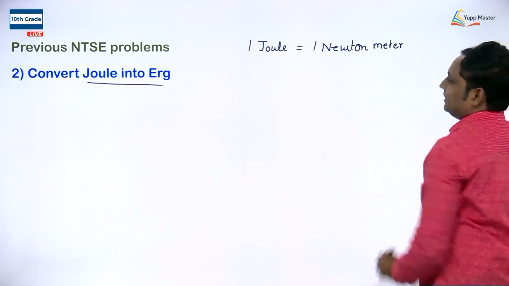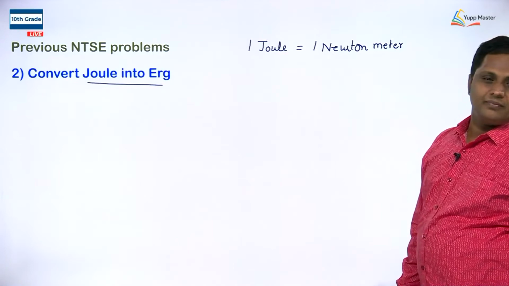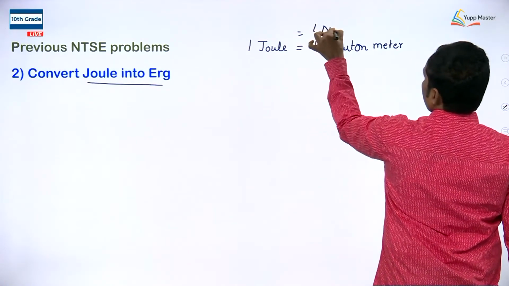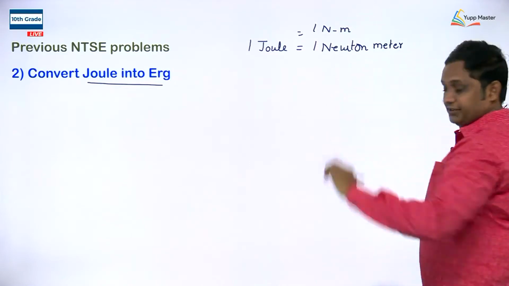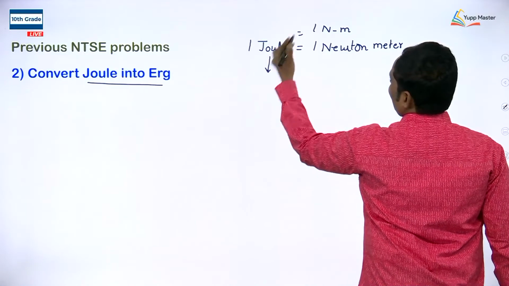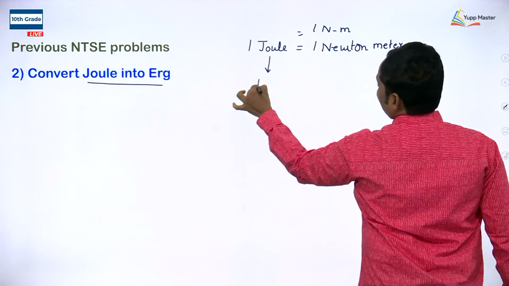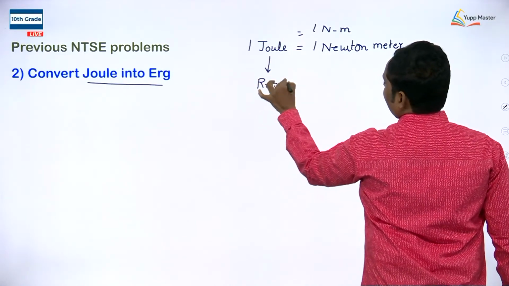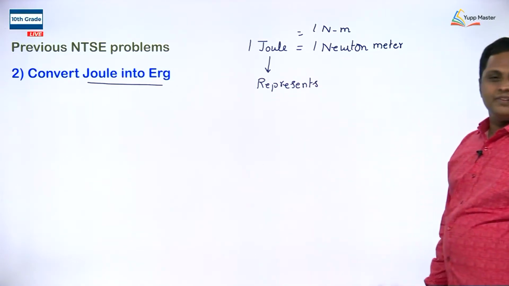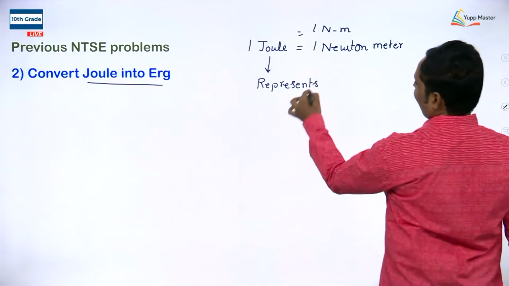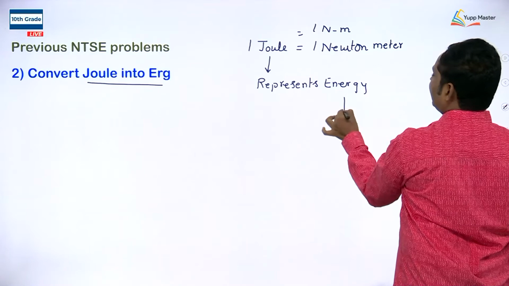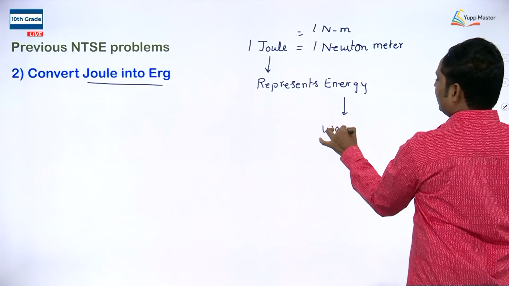Just you have to take that. We are going to write it as 1 Newton meter. It is the representation, it represents energy. Energy is going to be work done.